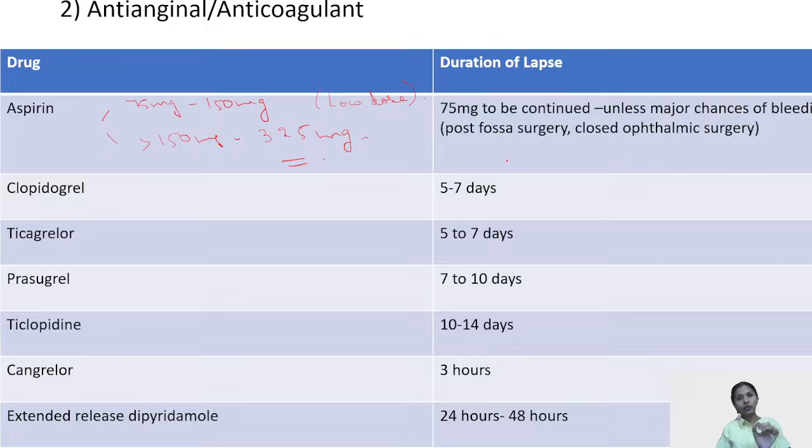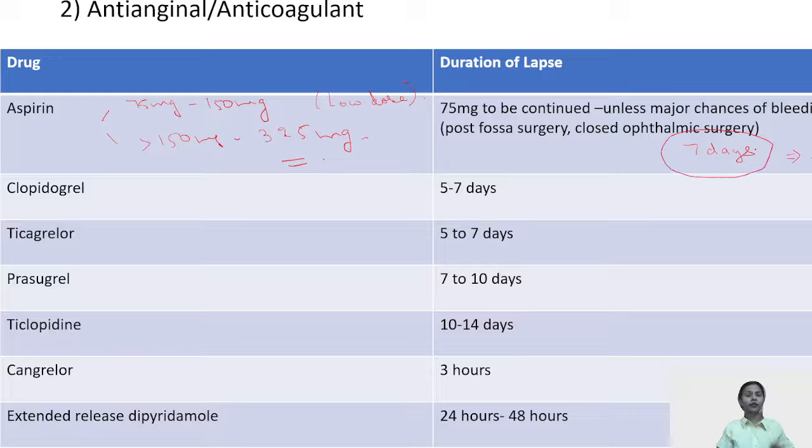If we are dealing with those surgeries in which the control of the bleeding is very difficult, like cataract surgeries, ophthalmic surgeries, posterior fossa surgeries, or the spine surgeries, in those cases, even low dose aspirin has to be stopped at least 7 days prior to surgery.